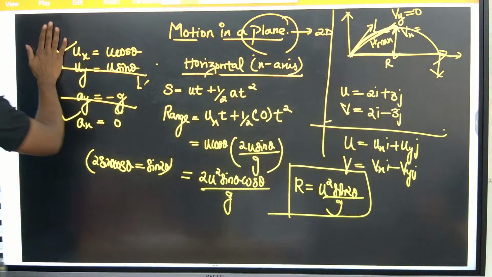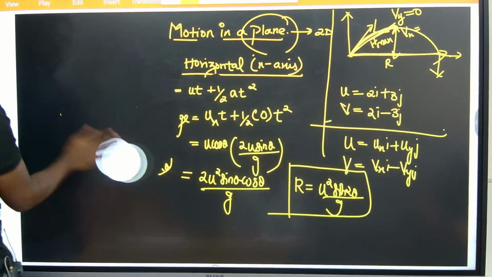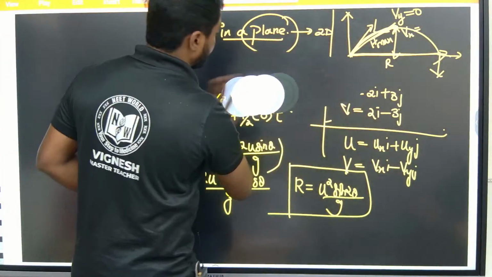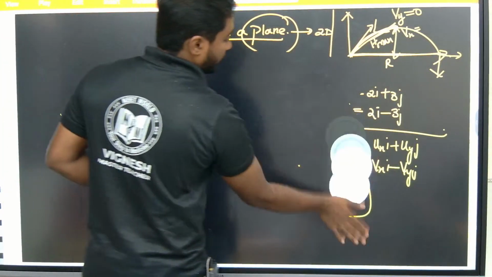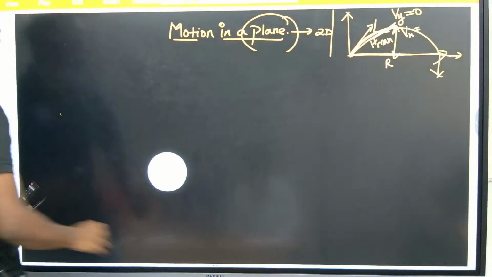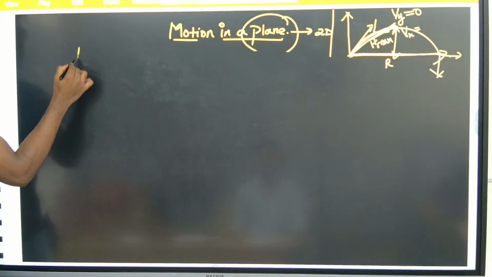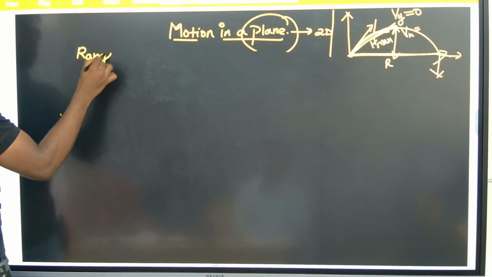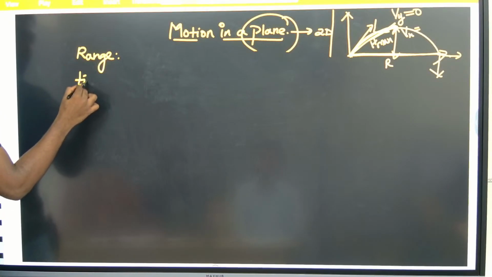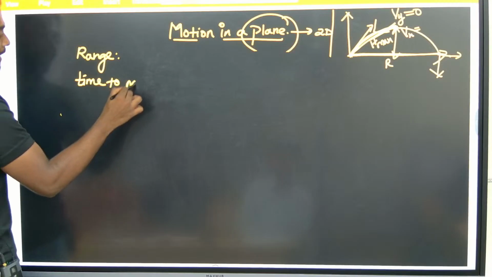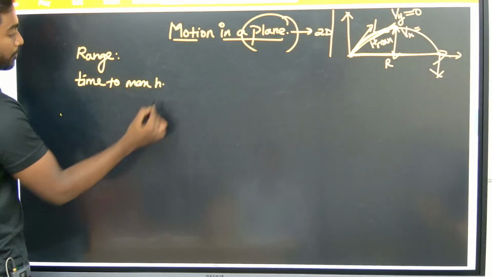So now equation of trajectory we will see. Up to now, what are the formulas we got? Range we got. Time to reach maximum height we got.